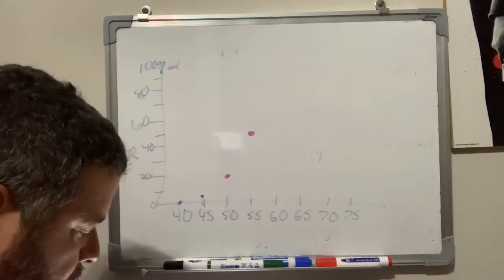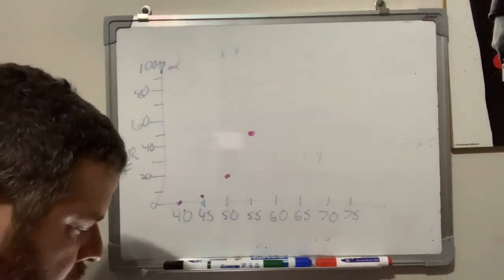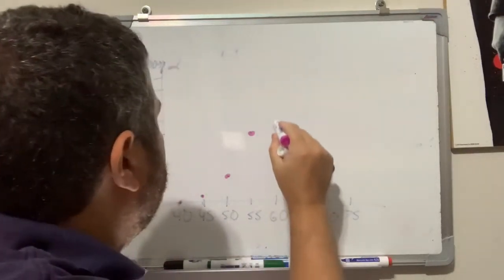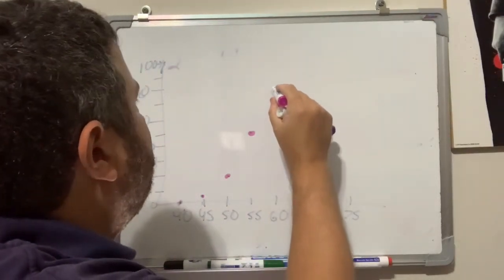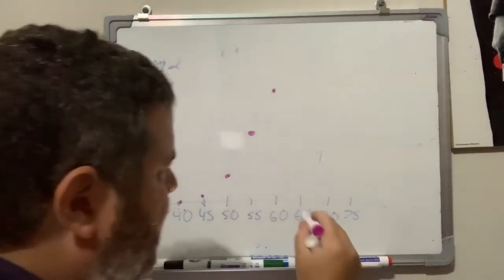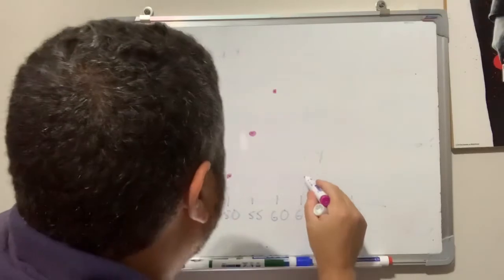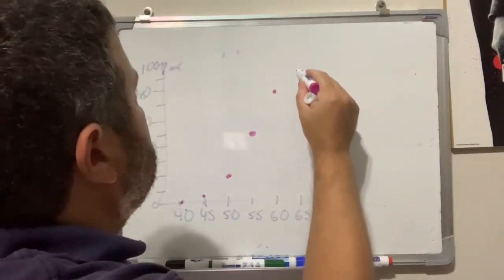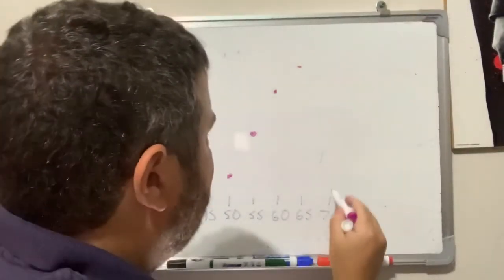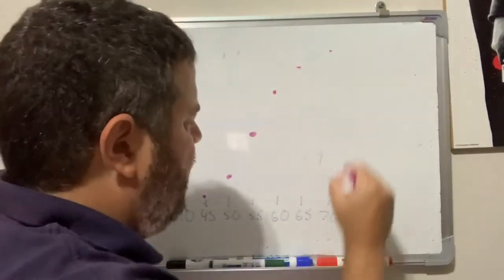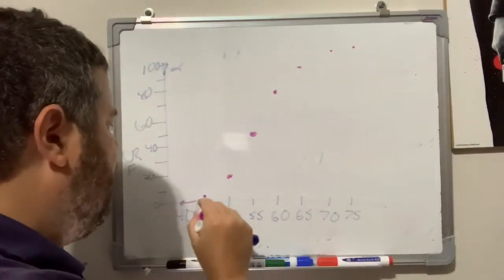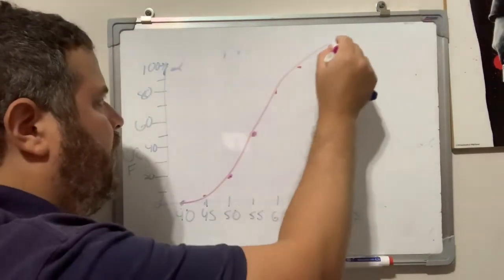Then 55 to 60 would be 75.6, or 75%, more or less here. Again, ballparking it. Then I go up to 91%, more or less here. Then 97.8, and then 100%. So you would end up with something like this.